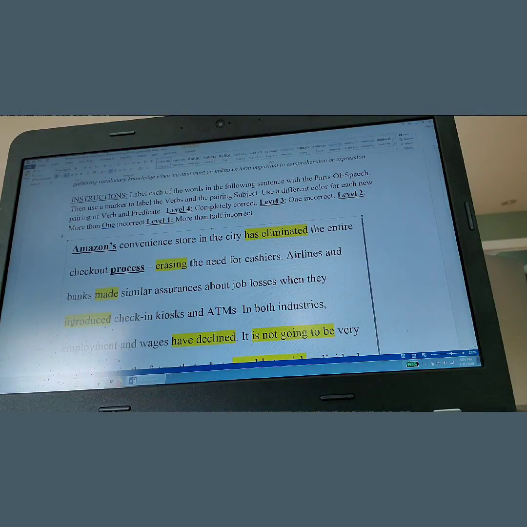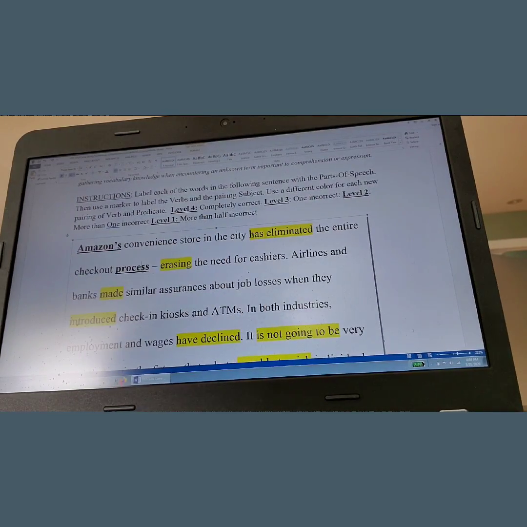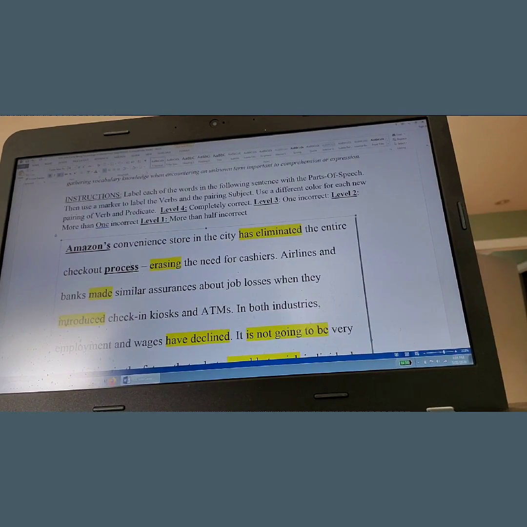So the process at this store erases the need for cashiers. And then it says, sure, so we're at 11 minutes. I'm gonna do this under 20.